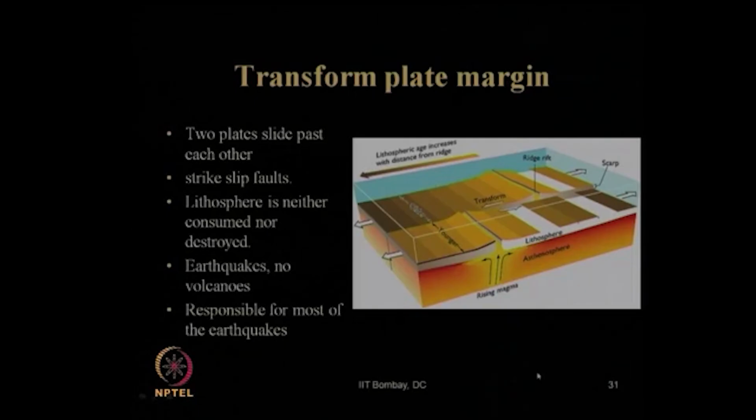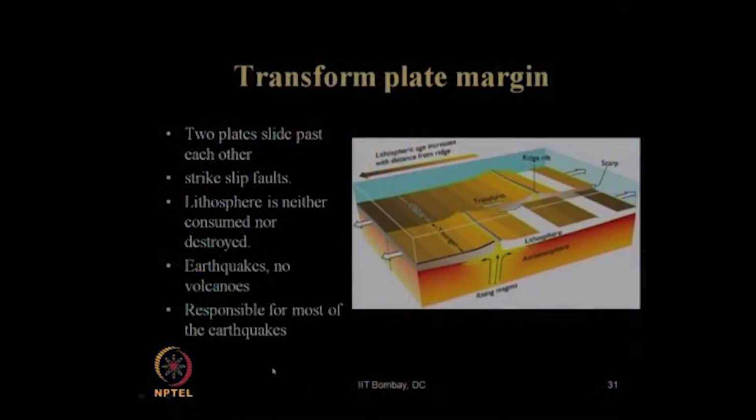Like earlier, as we have discussed, for the creation of a tsunami, we need a certain vertical movement between the two plates, which is possible in the divergent or the convergent type of plate boundary movement, but not in this transform plate type of boundary movement.